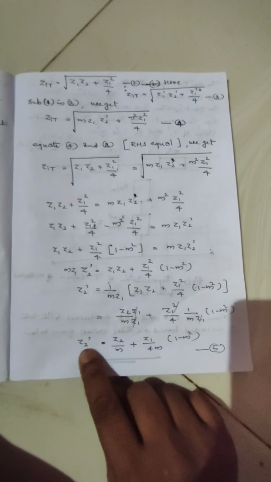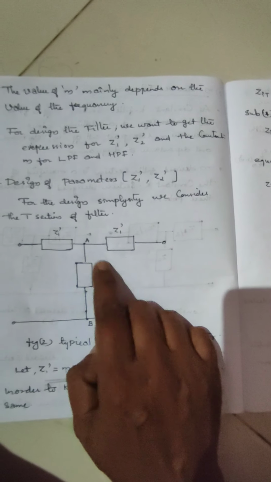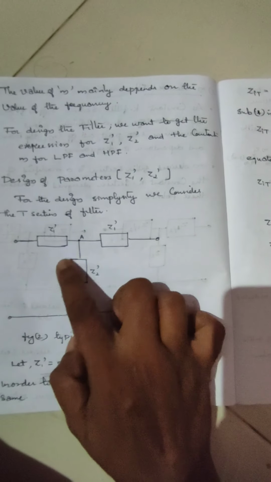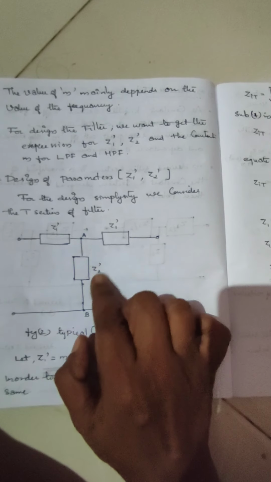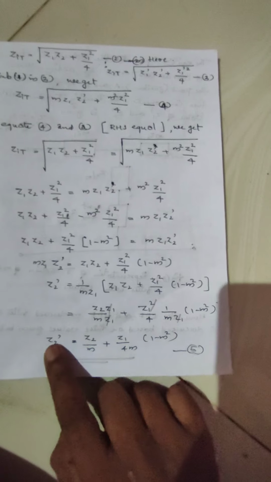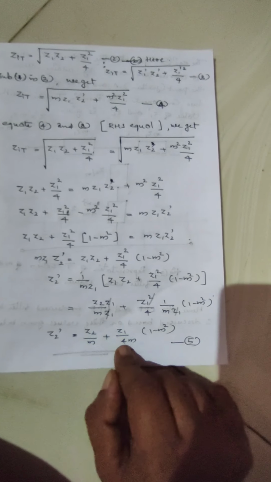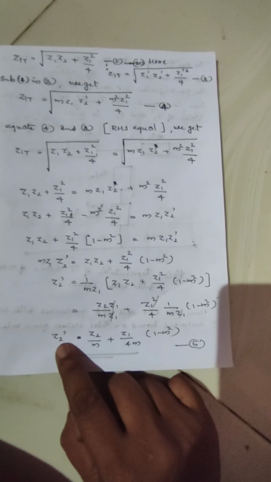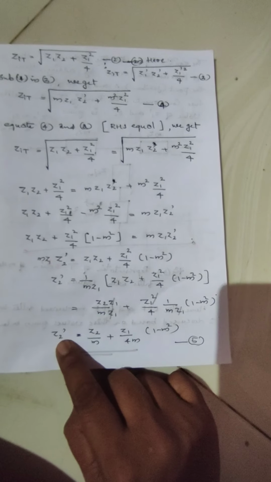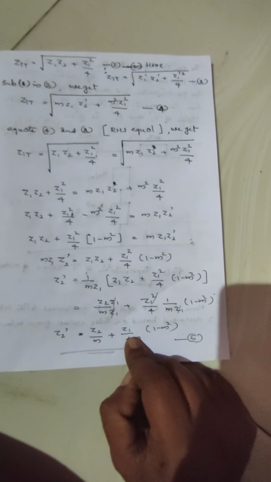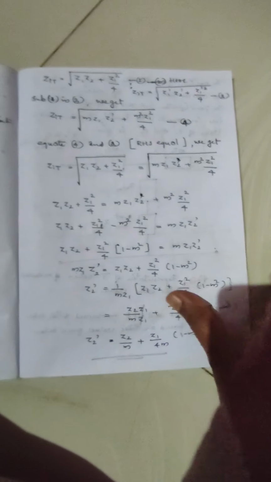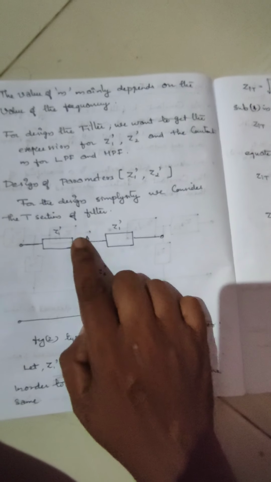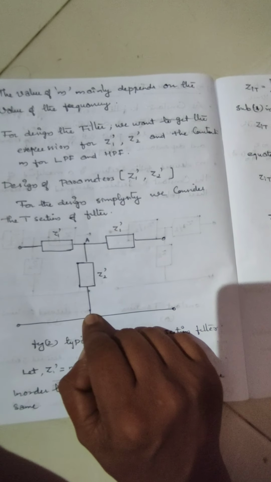Listen here, this z2 dash is the value at our parallel lead. Parallel components we call z2 dash. But when we get the expression for z2 dash, it carries two terms. That means within our parallel section there are two components.